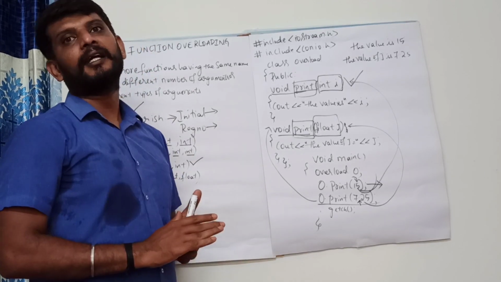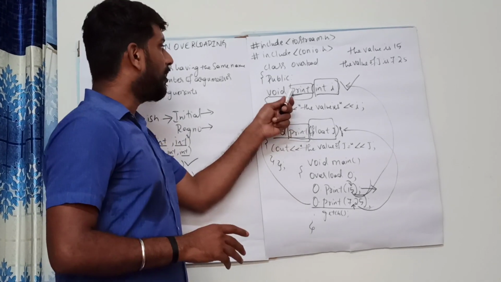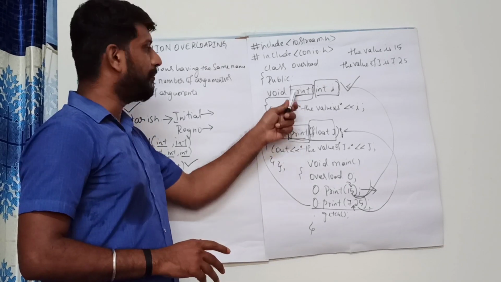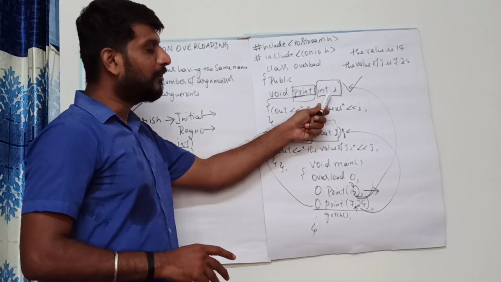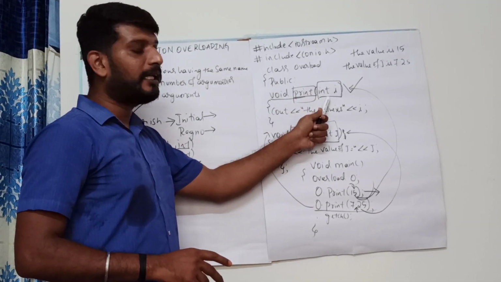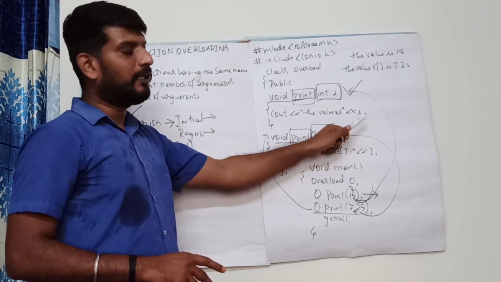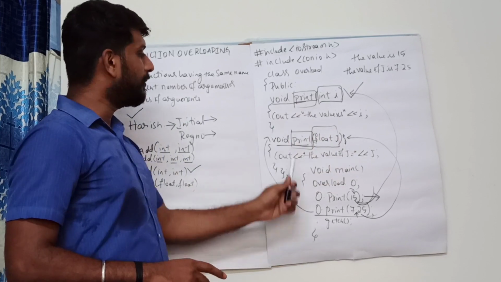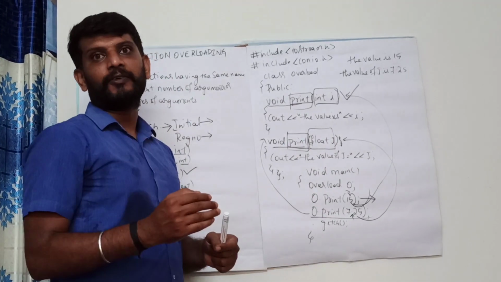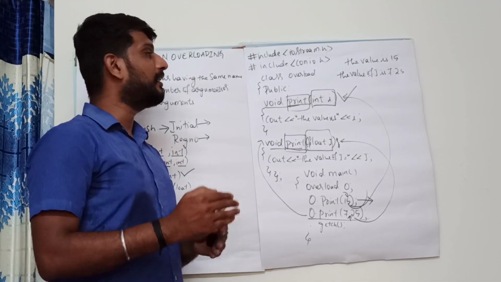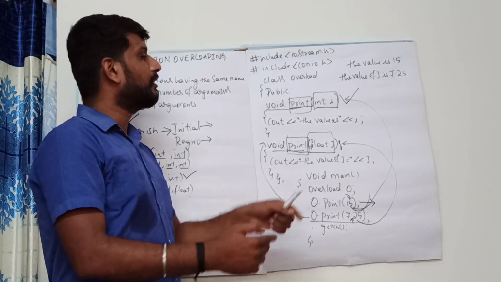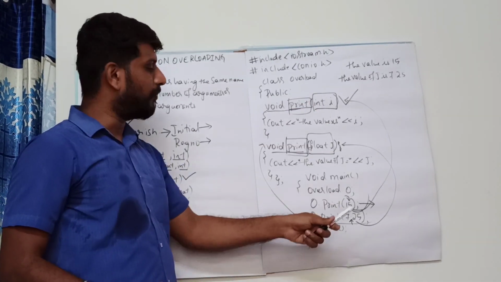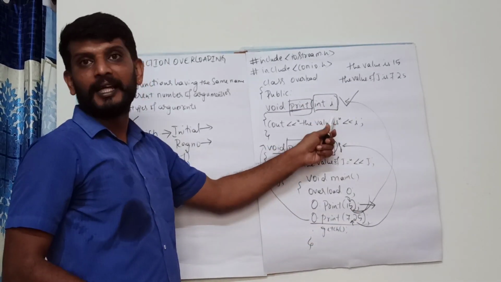So the basic ideology over here is, there are two different functions with the same name, but in the one case the function is taking integer as an argument, in the second case it is taking float as an argument. The compiler will identify which particular function is having the integer argument, and that particular function will be executed.